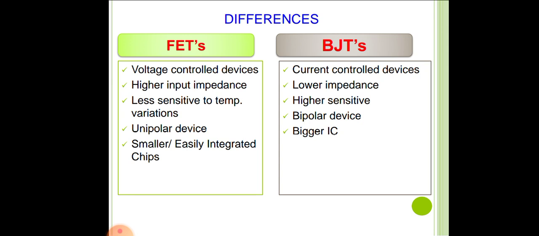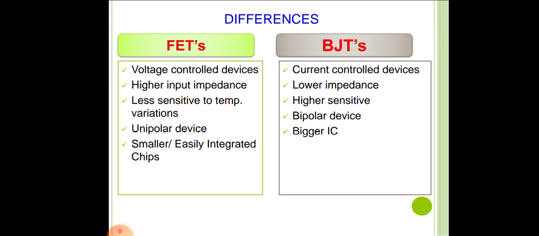Then FET is less sensitive to temperature variations and BJT is more sensitive to temperature. We have seen the thermal effect in BJT, how temperature increases the beta factor, IC, IB, and because of that there will be a chance of breakdown of BJT. So that's why BJT is more sensitive to temperature, but FET is less sensitive to temperature.